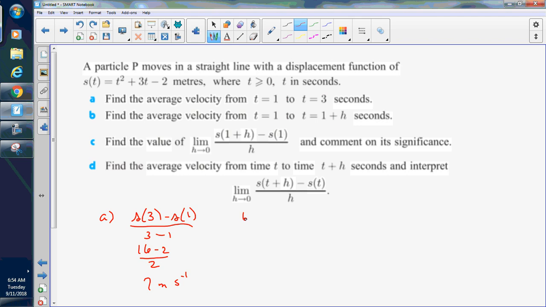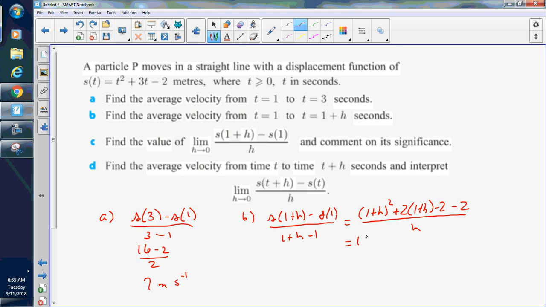And letter B, to find the average velocity from t equals 1 to t equals 1 plus h, we're going to have to do s of 1 plus h minus s of 1 over 1 plus h minus 1. Well, in the numerator, we have to put 1 plus h into s. And then s of 1 again was 2. And my denominator simplified down to just h, because 1 minus 1.